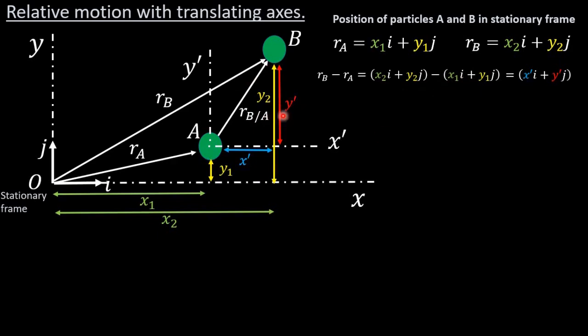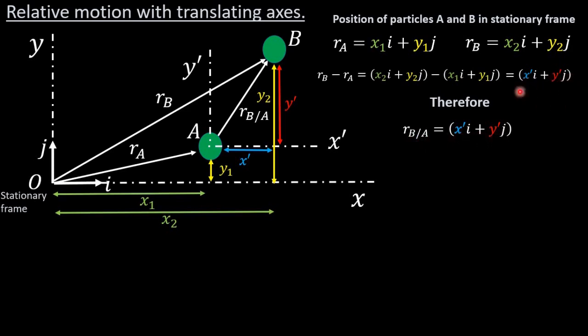Then I can write out the position of particle B relative to A like this. So a distance x prime in the i direction and a distance y prime in the j direction. Therefore we can say the position of particle B relative to particle A is x prime in the i direction plus y prime in the j direction.